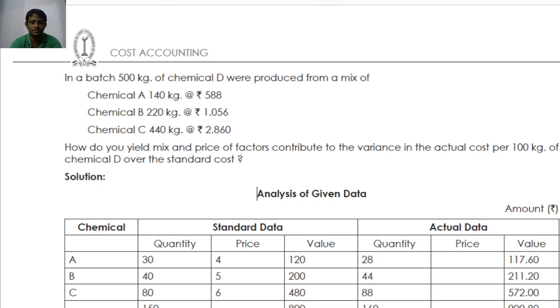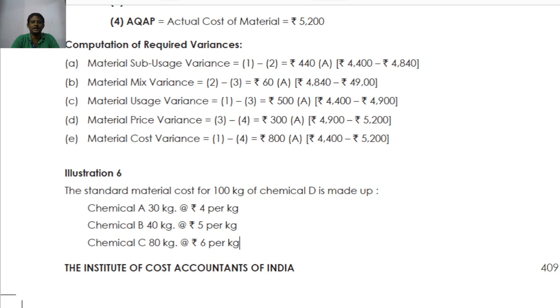Standard material cost of 100 kg of chemical D is made up of chemical A, chemical B, chemical C: chemical A 30 kg, chemical B 40 kg, chemical C 80 kg. For producing 100 kg of chemical D, the company has maintained these standards.